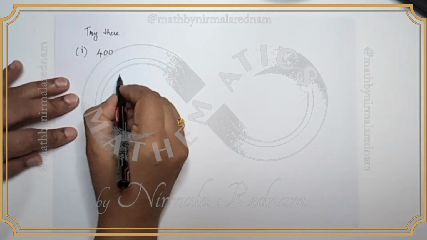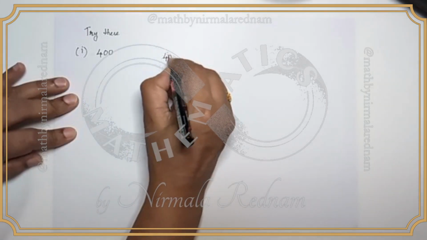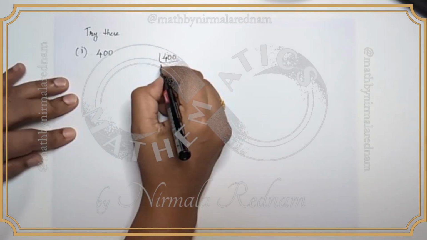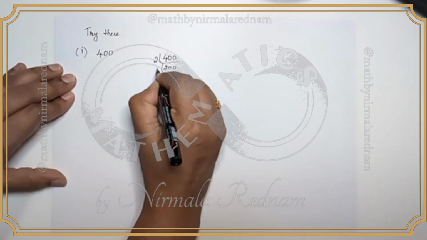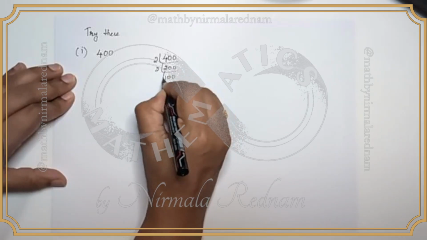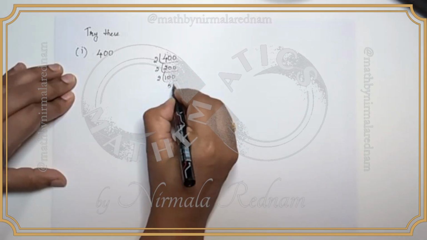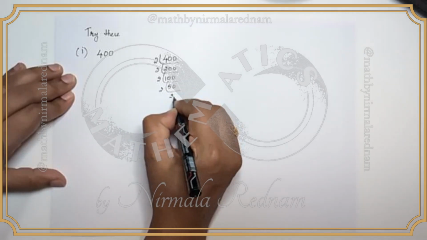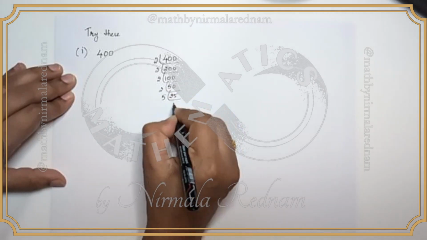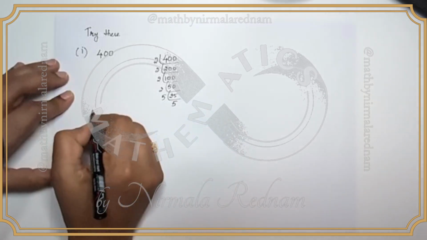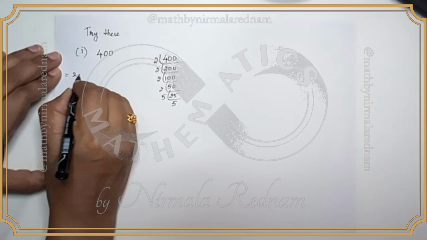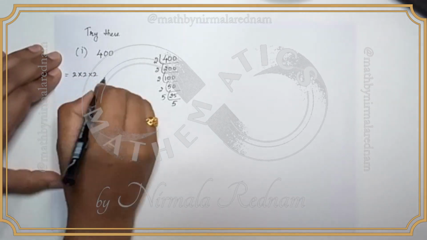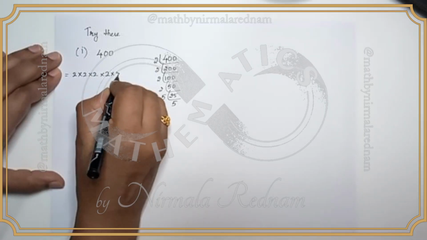So let me do the prime factorization. 400 gives you, and this is 5 into 5, right? So here I have 400 can be written as 2 into 2 into 2 into 2 into 5 into 5.